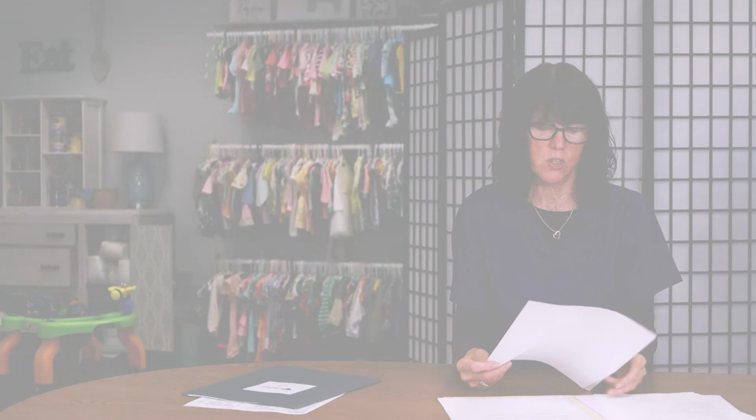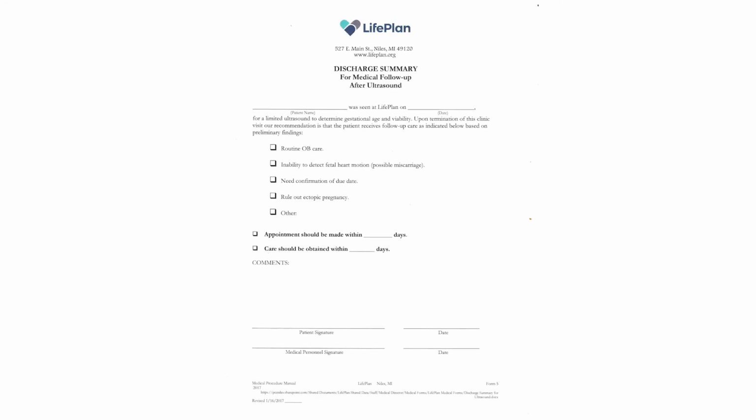And following the ultrasound, we'll fill out the discharge summary. It has several choices related to if they have routine OB care, or if we weren't able to detect a fetal heart rate.